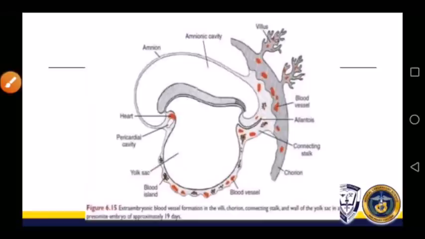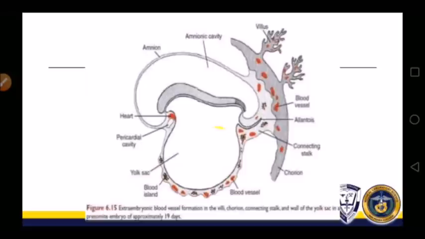The hematopoiesis that happens during the mesoblastic period is not a definitive hematopoiesis. That is because the products of hematopoiesis during the mesoblastic period are primitive erythroblasts. Now, these primitive erythroblasts are not the same as the erythrocytes that we currently produce.